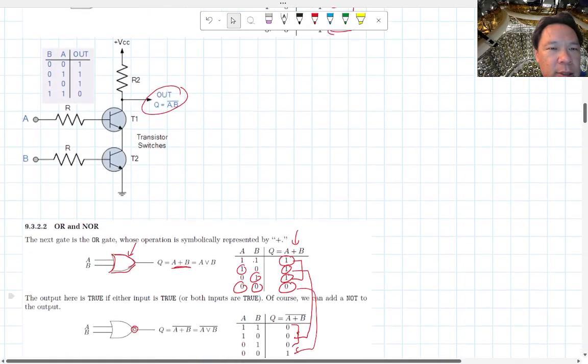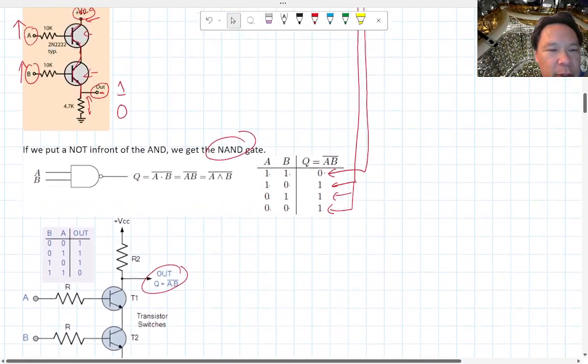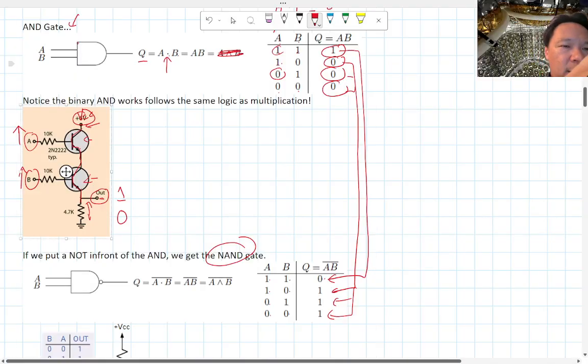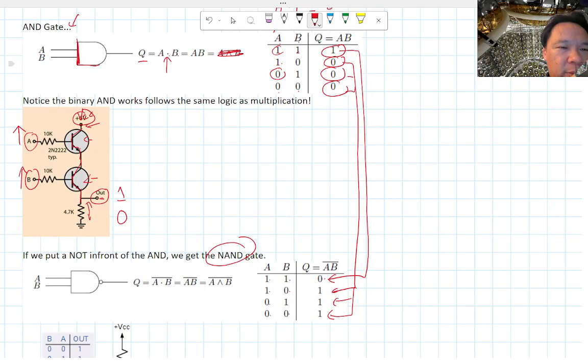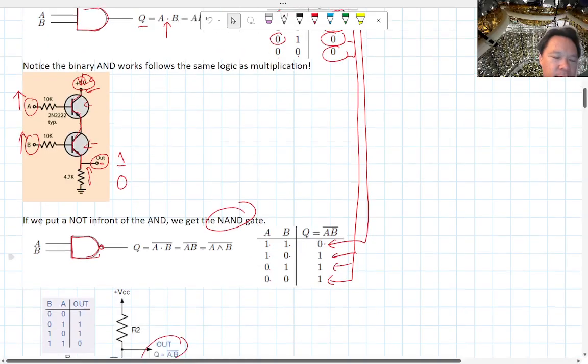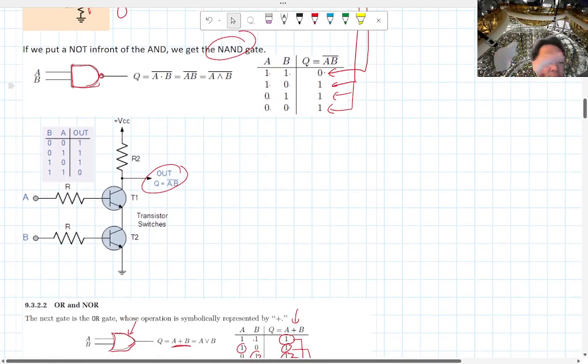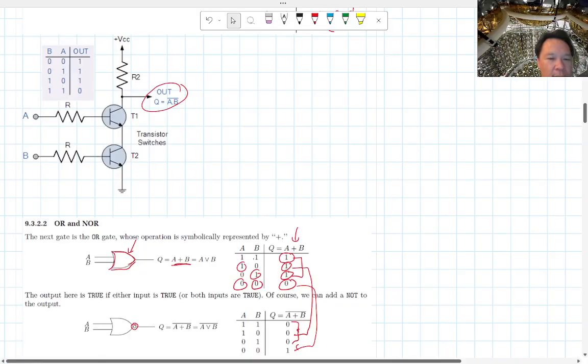I also forgot to tell you about the shape of the gate for an AND. It's basically this flat version. The difference from the OR is that you don't have this curved line here, you have a flat line instead. That represents an AND. And then the NAND, of course, is this flat part with a little circle on top, like a little hat shape.